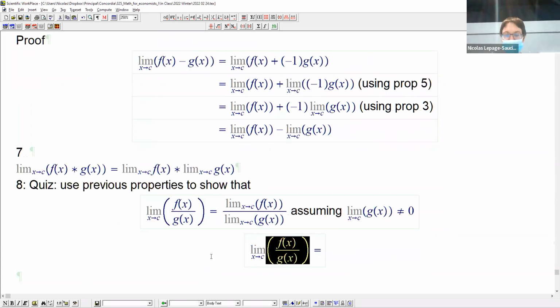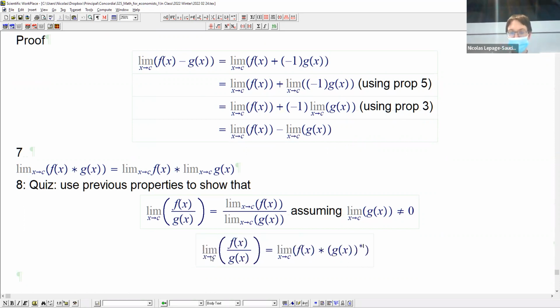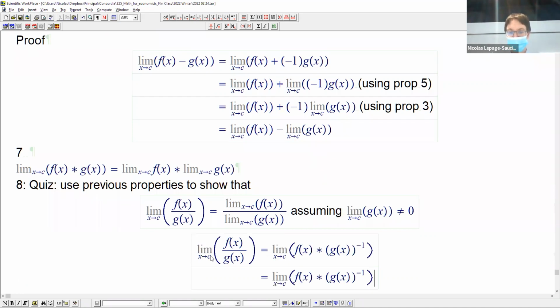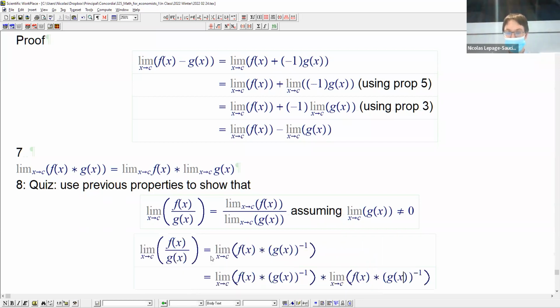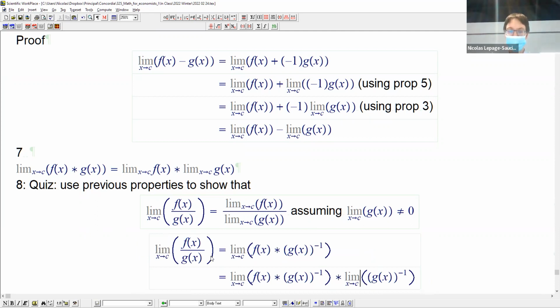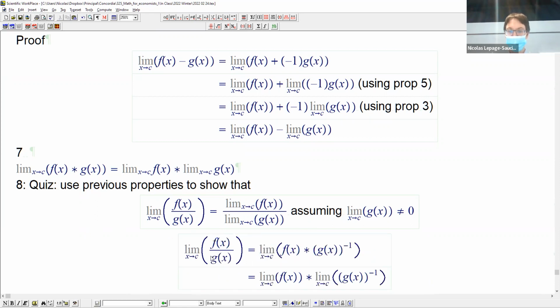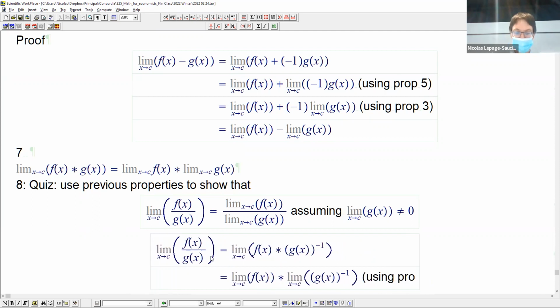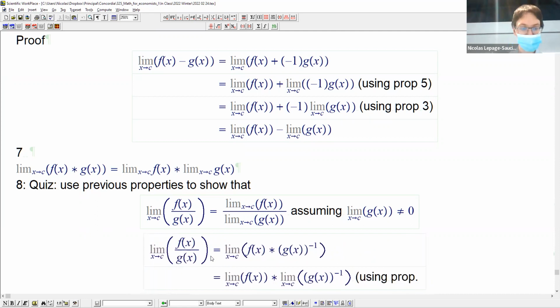So we're just going to rewrite this way. Exponent minus 1. This will be equal to, that's property 7, yeah.